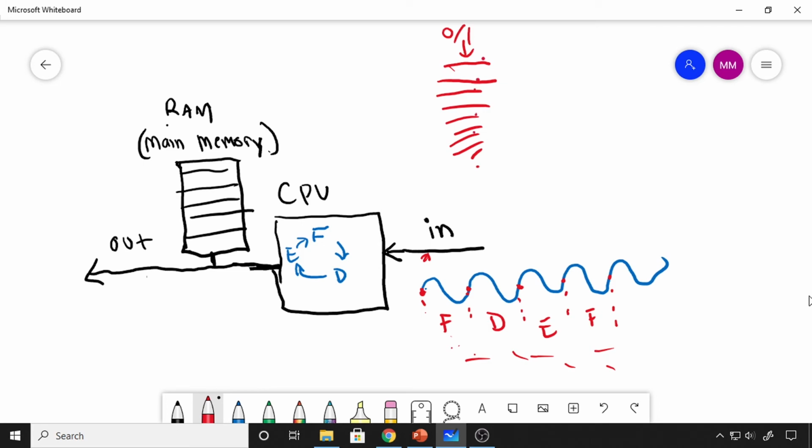That means you have 2 to the 64 possible permutations. Within one cycle, you can represent 2 to the 64 different permutations, and this number comes out to 1.8 times 10 to the 19th power. That's a lot of information that you can process within fractions of a second. This is how the CPU accomplishes its job.